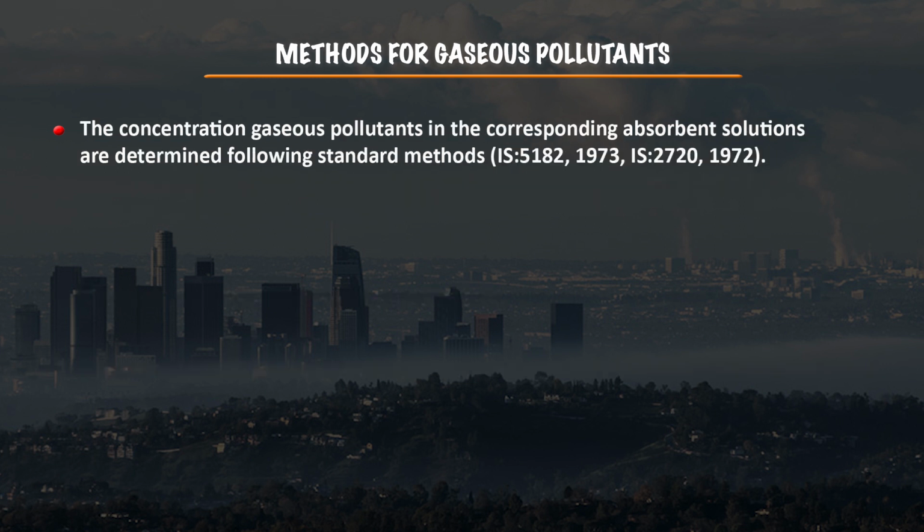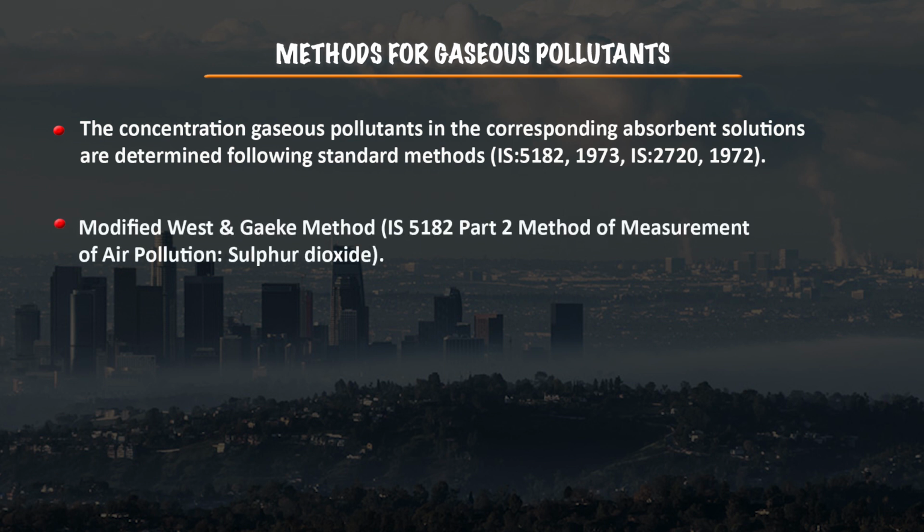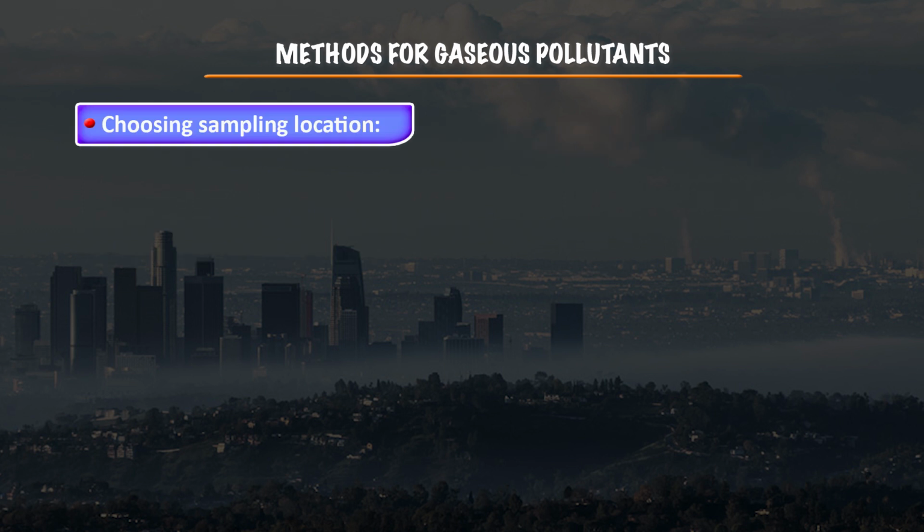The concentrations of gaseous pollutants in the corresponding absorbent solutions are determined by many methods. One is the modified West and Gaeke method, and also the method of measurement of air pollution, that is choosing the sampler location.